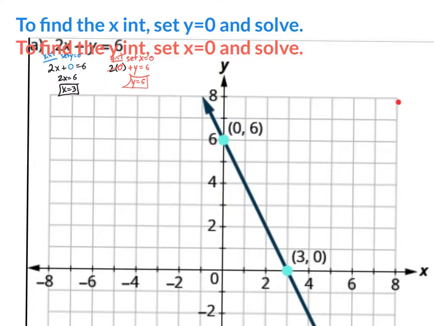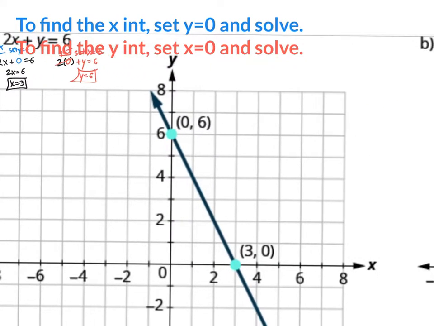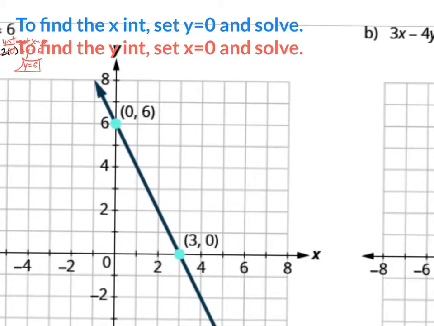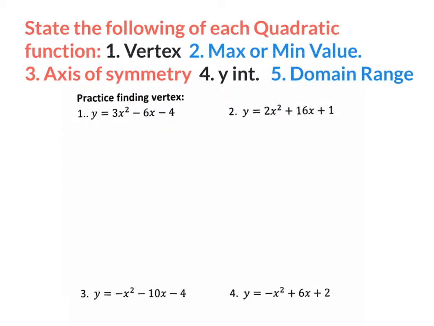Okay, so let's take a look at these problems. I would like, in your notebooks, please jot down all of these directions right here. I want you to state the following of each quadratic function. Number 1, find the vertex. Number 2, tell me the actual maximum or minimum value.